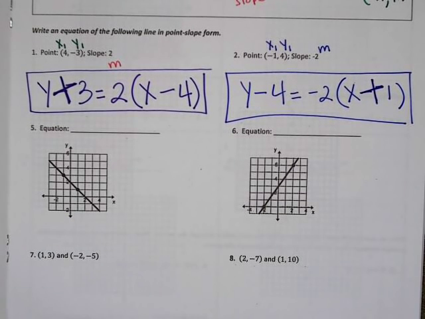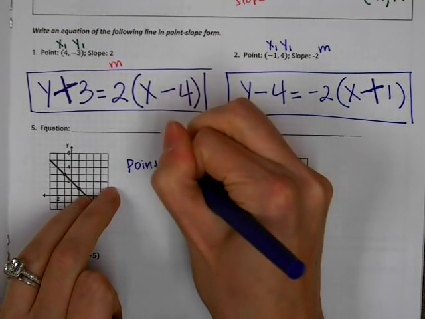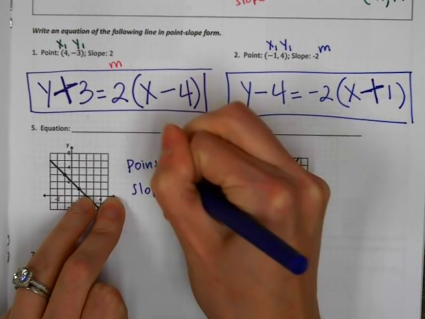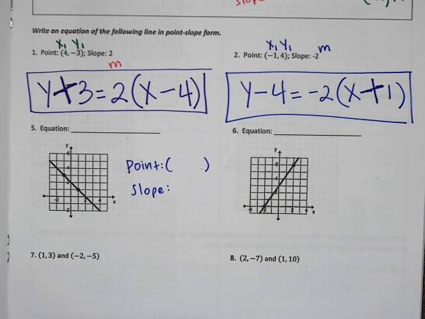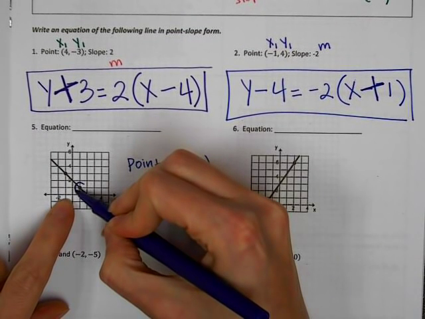Okay, let's do it off of a graph. In order to use point-slope form, we need to figure out what the point is, and we need to figure out what the slope is. You have to pick one of these points. I'm going to pick this one. It doesn't matter.